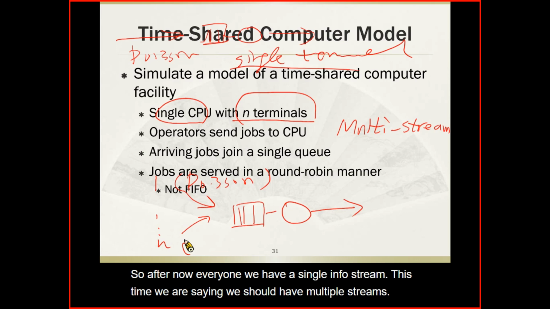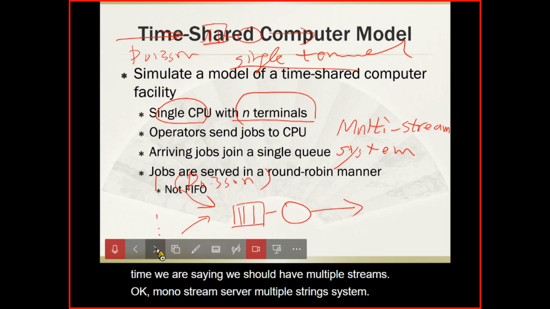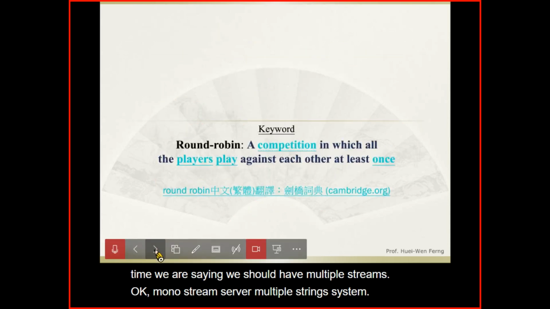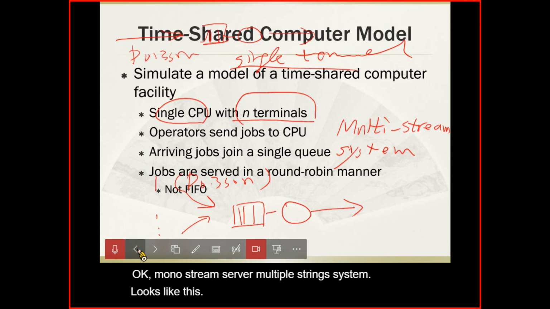Okay, multi-stream server, multiple stream system. Well, it looks like this. So round robin, actually because of multiple streams, we need to have a round robin manner.